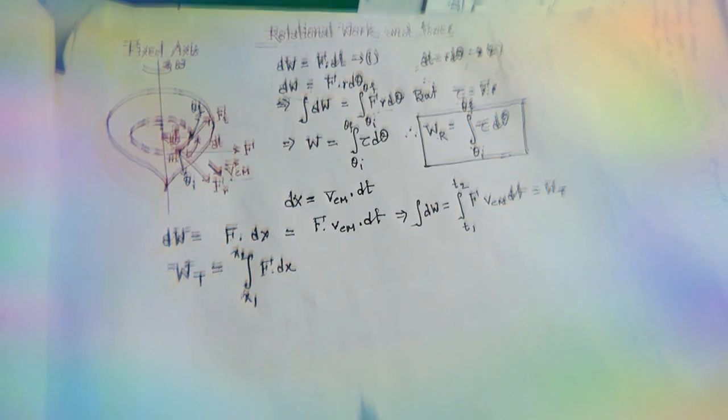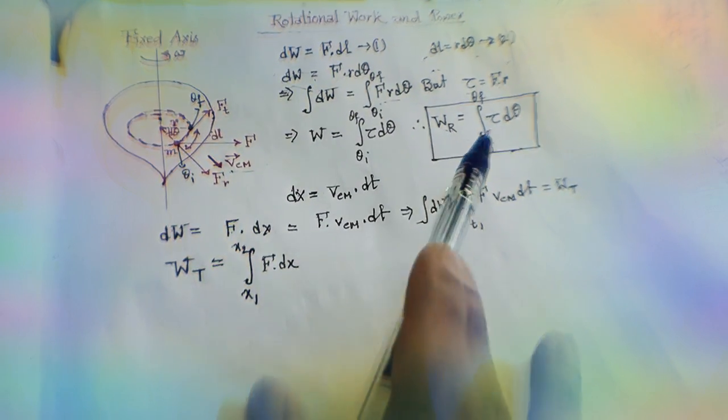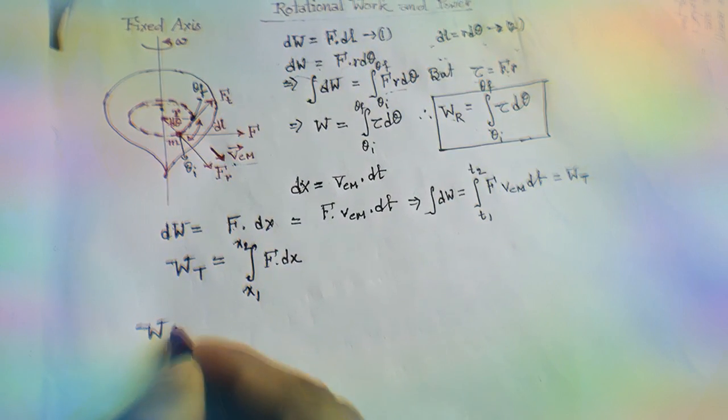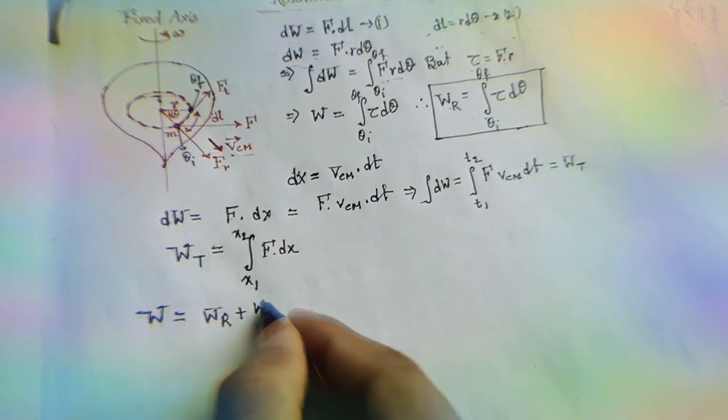So now we are seeing that the total rolling motion is a combination of rotational motion and translatory motion. So total work done in rolling will be W equal to WR plus WT.